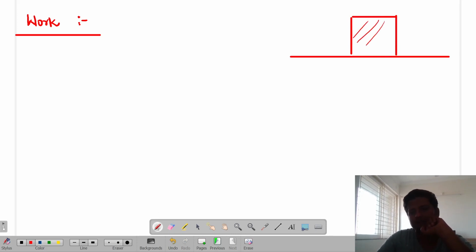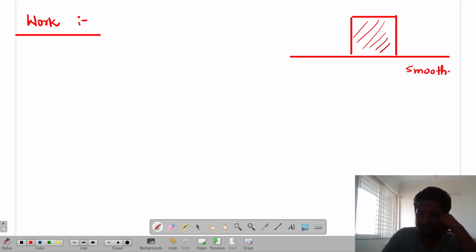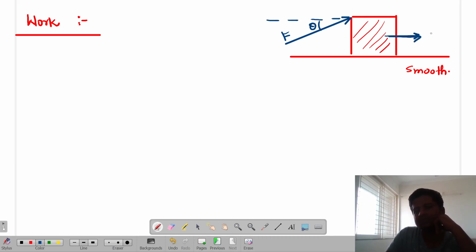This ground is smooth in nature right now, and I apply some force in this particular direction. That force, which is making some angle theta with the horizontal, displaces my particle by some distance x. This mass got displaced by some distance x over here. Is that clear? Or I call it s.